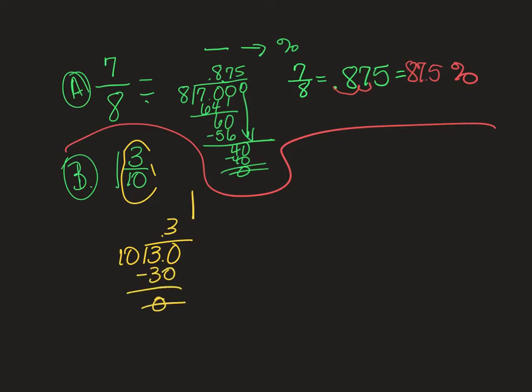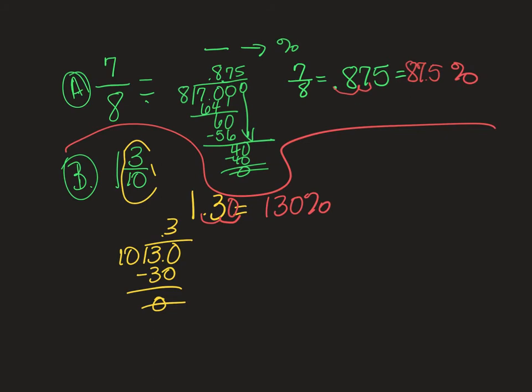So we have 1.3. Now, when we have 1.3, and we're going to change this to a percent, again, we're going to move our decimal point to the right 2 places. So bing, bing, which makes it 130%. Okay? I hope you understand this.